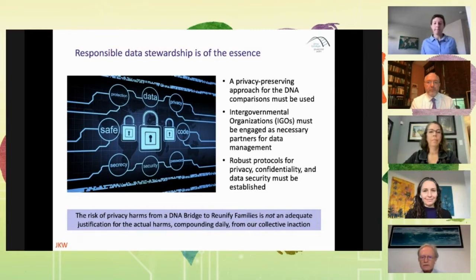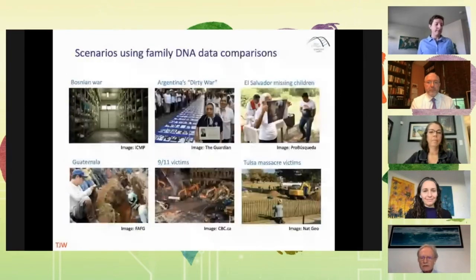Okay, thank you, Jen. DNA testing has been successfully used to identify remains from war crimes and mass disasters, and to reunite children taken from their parents, or victims of enforced disappearances, with their biological family, especially in Argentina, Guatemala, Honduras, and El Salvador.